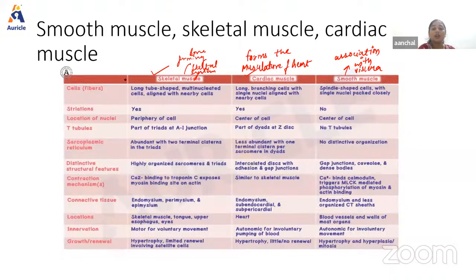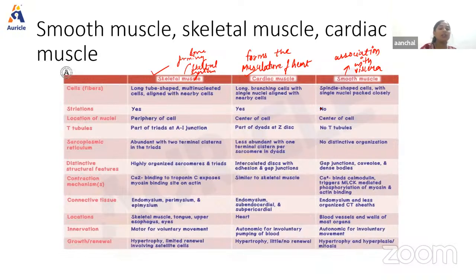Both skeletal and cardiac muscles are striated, whereas smooth muscles are non-striated. Smooth muscles are also supplied by the autonomic nervous system, and they form the main contractile unit of the wall of the various visceral organs.